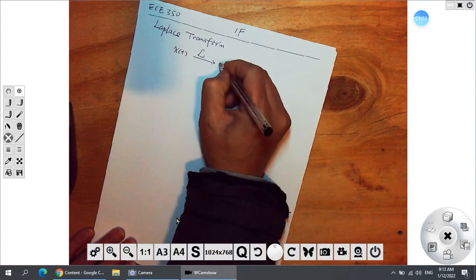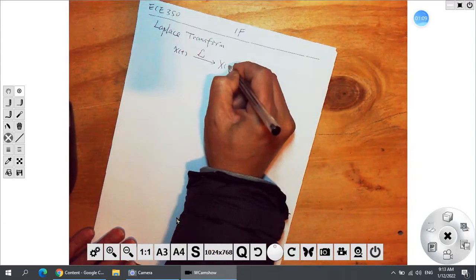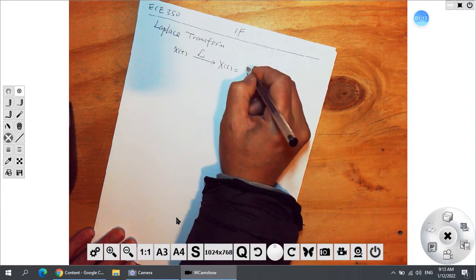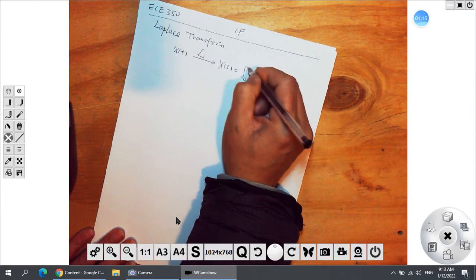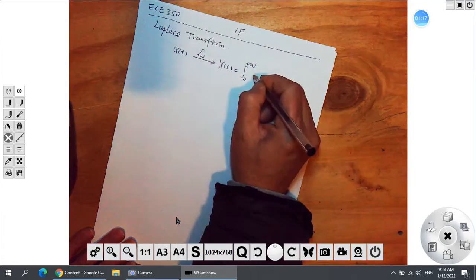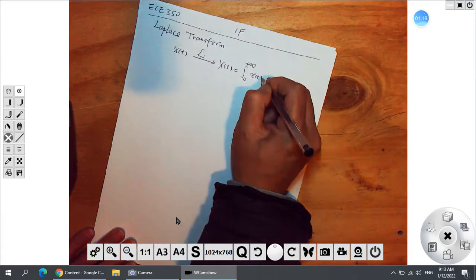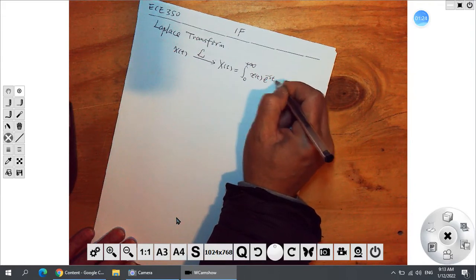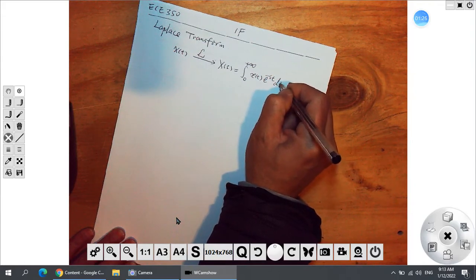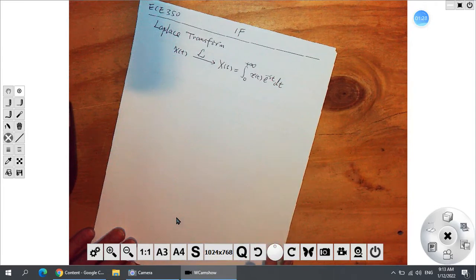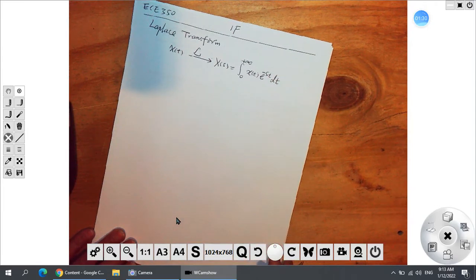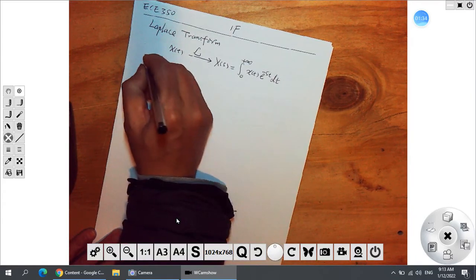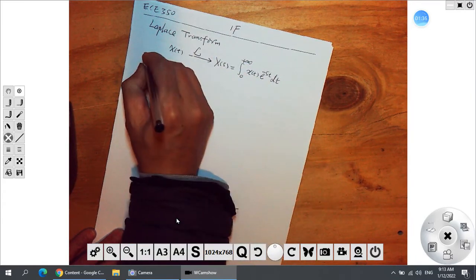We can have capital X of s equal to the integration from 0 to positive infinity of the given signal x of t times e to the negative st dt. Alright, so this is the definition of the Laplace transform. And then we know we can use some tables to help us find the Laplace transform.